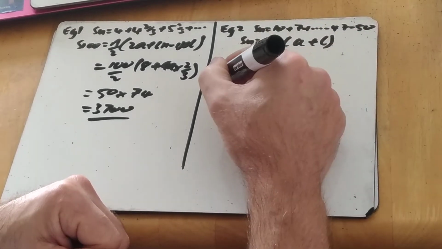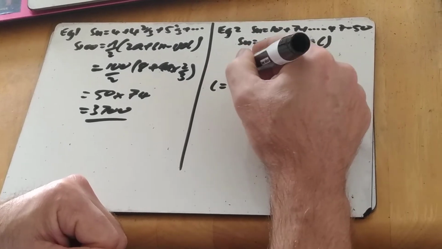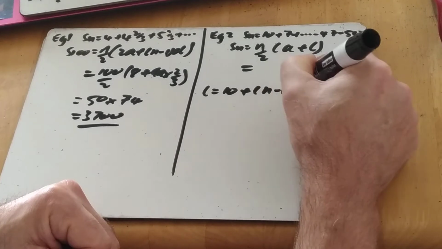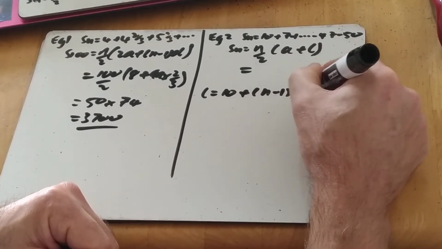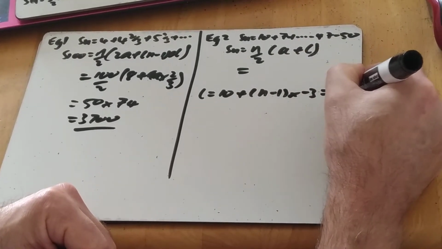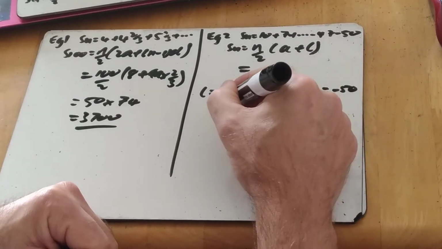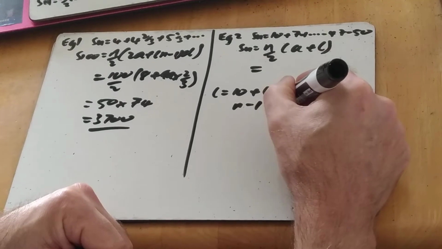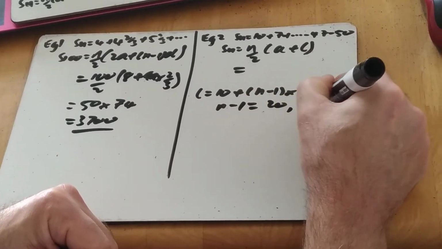So I'm going to use L equals a, 10 plus n minus 1 times minus 3, and that's going to end up being minus 50, and I'm going to solve that. So n minus 1 equals minus 50 minus 10, minus 60 over minus 3, 20, n equals 21.